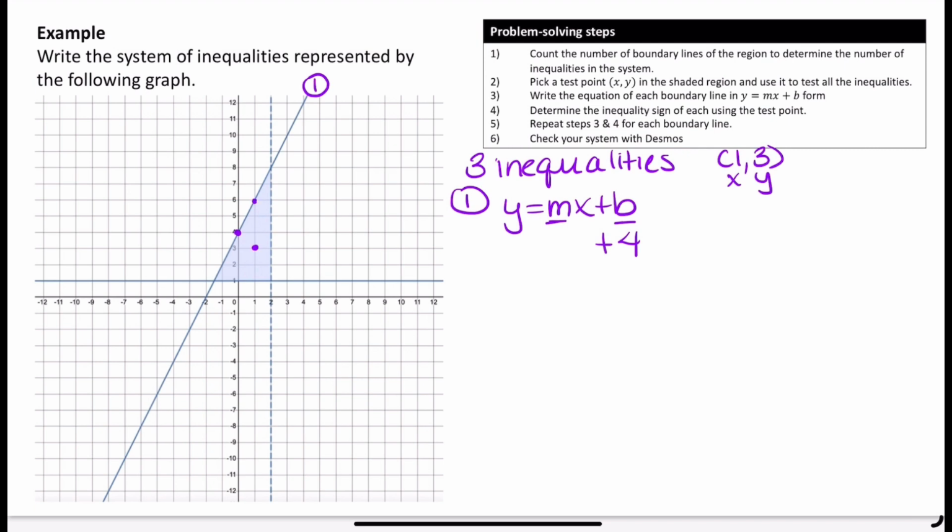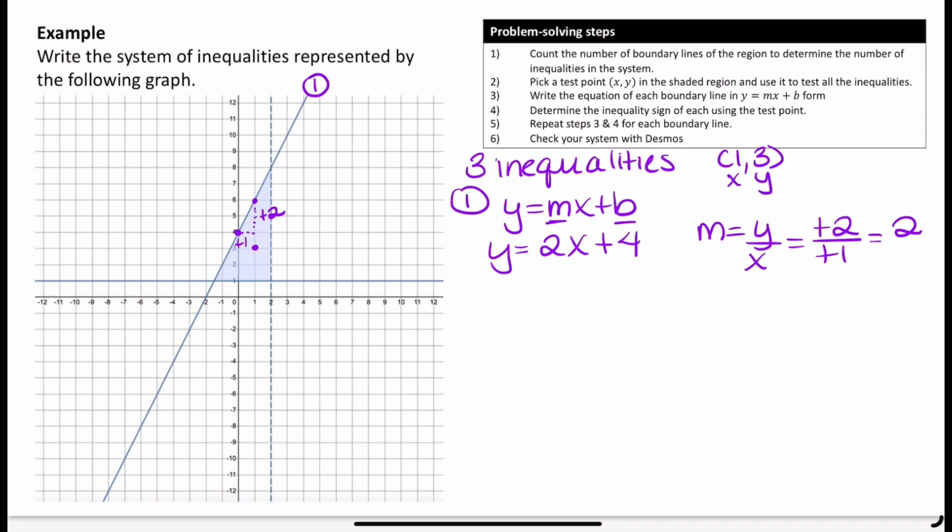So I'm just going to pick this point right here, and then I'm going to use these 2 points to identify the slope. So notice that between these 2 points, I go right 1 and I go up 2, okay? So my slope, my m, is going to be y over x. So that's going to be plus 2 over plus 1, which is just equal to 2. So my y equals mx plus b is going to be y equals 2x plus 4.